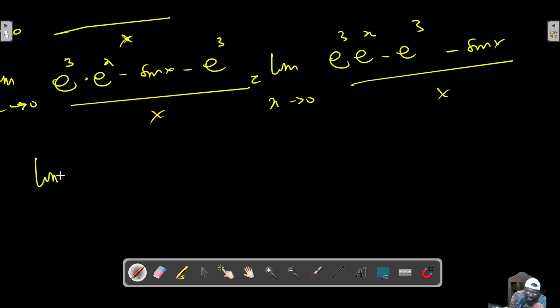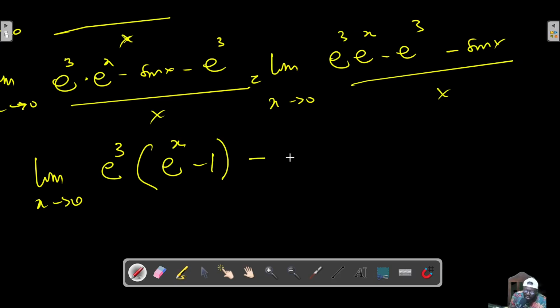Then the limit as x approaches 0, we can factorize out e raised to the power 3: e to the power 3 bracket open e to the power x minus 1 bracket close, minus sine x, all over x. So we have separated this.